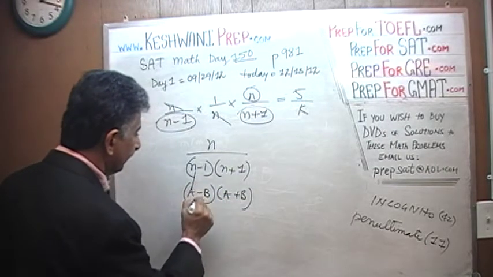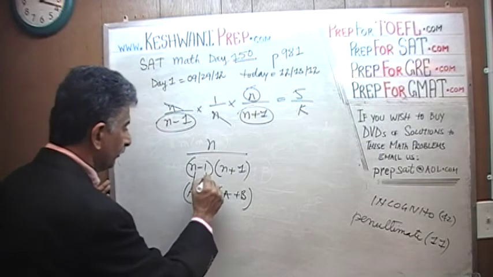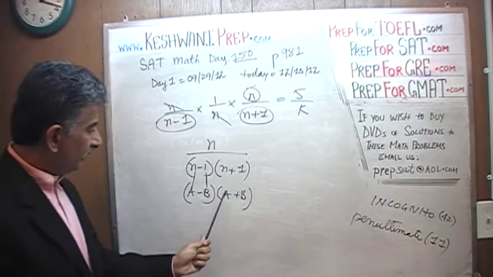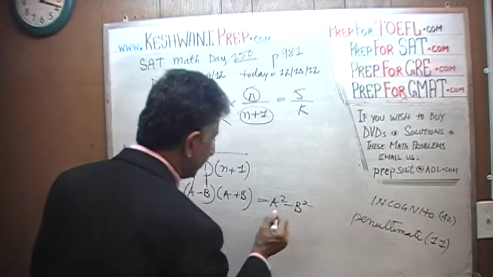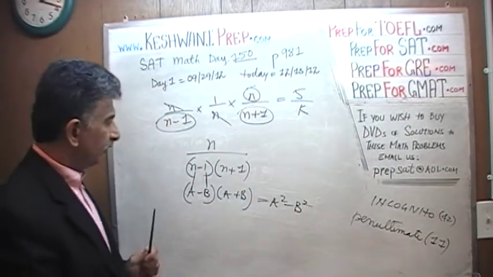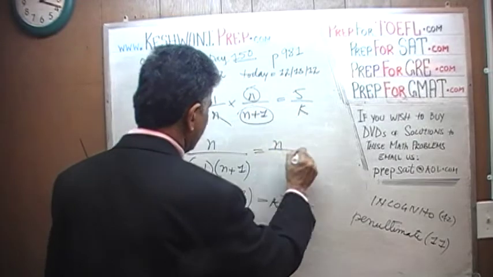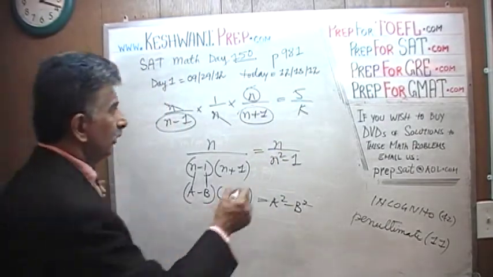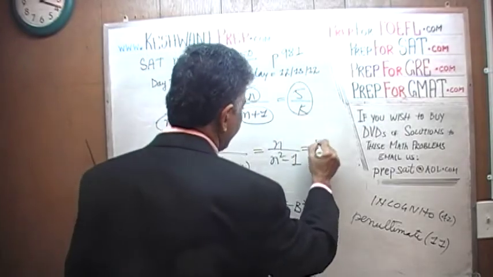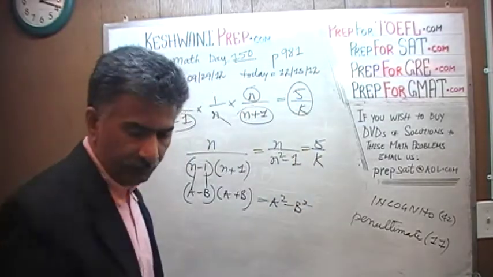Here, your a is n and your b is 1. A minus b times a plus b equals a squared minus b squared. So this boils down to n over n squared minus 1, and that we are told equals 5 over k.